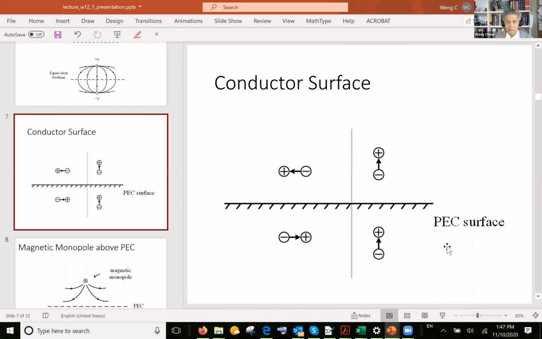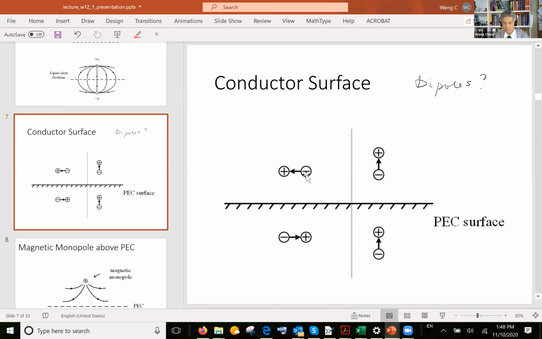What happens if you have a dipole then? We can start with the left-hand picture. You can use the principle of linear superposition. You first find the image of the positive charge. By the previous argument, this positive charge will have a negative charge as its image.